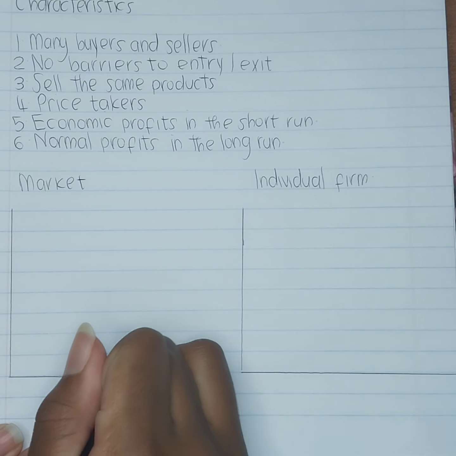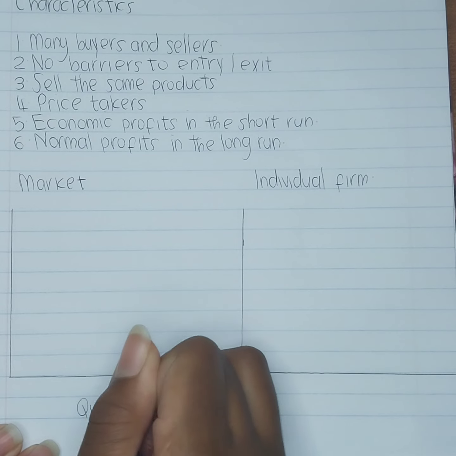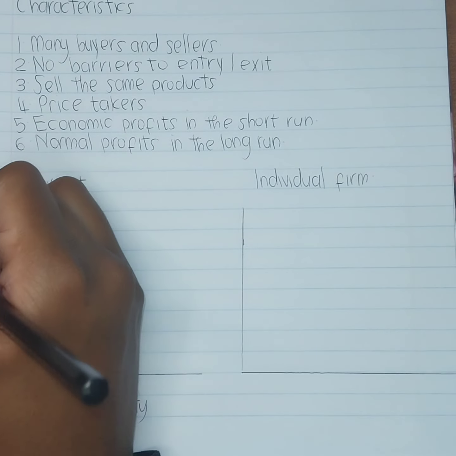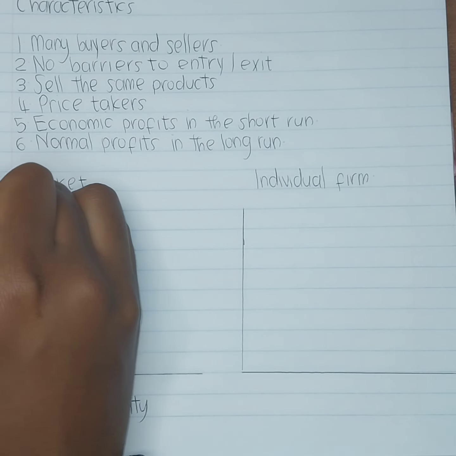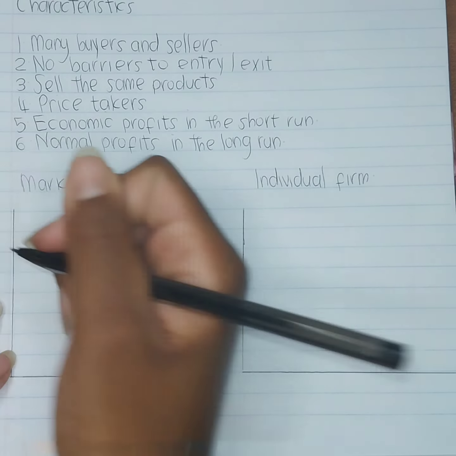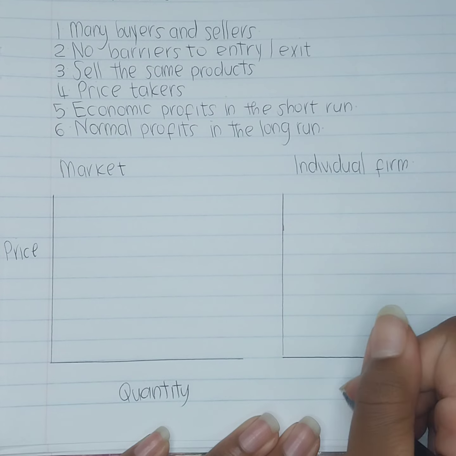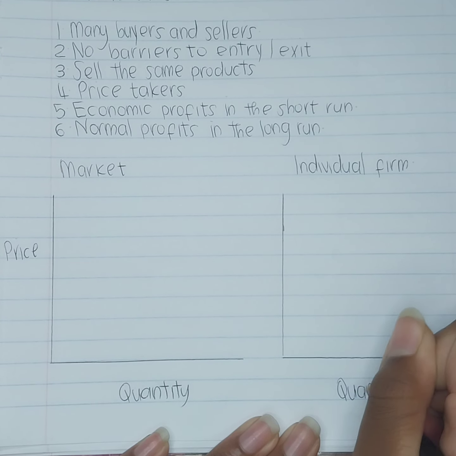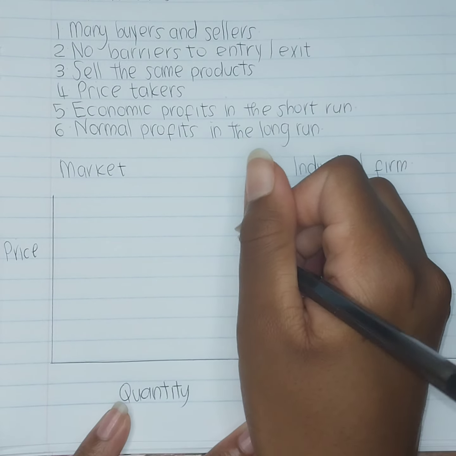So you will have quantity and you will have price. You have price and quantity and price.